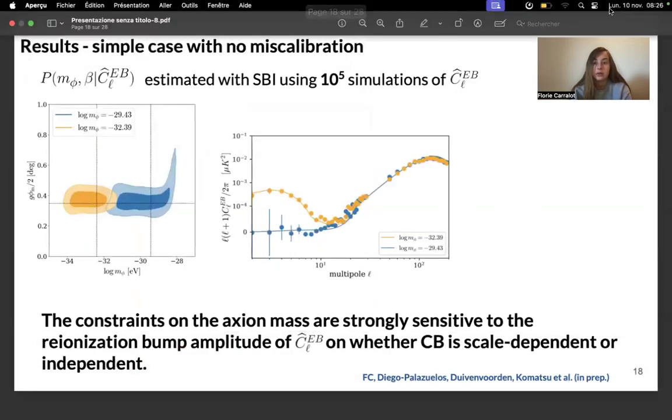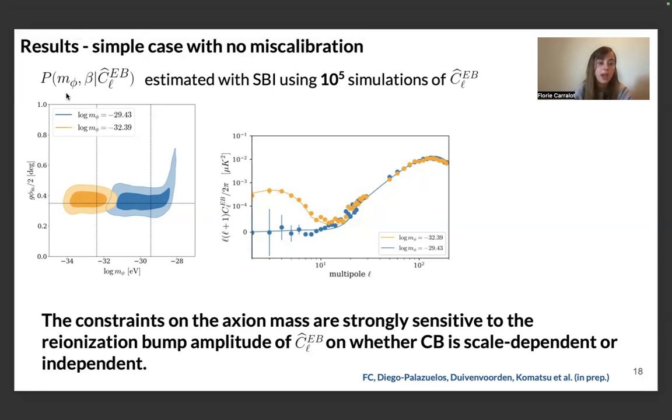So now let's look at the results. We first consider the simple case in which we didn't include any miscalibration in our simulation. We used here 100,000 simulations of the EB power spectrum and inferred the posterior on the axion mass and beta. Once we have done that, we evaluate this posterior for two specific simulations, for two EB power spectra that have two different fiducial masses.